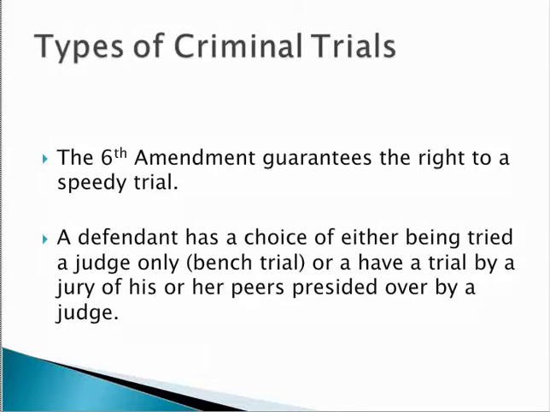The judge may issue a judgment of acquittal, meaning not guilty, without waiting for a jury finding. If the trial is over with and the jury is about ready to make a decision, the judge can simply say, I find this person not guilty.